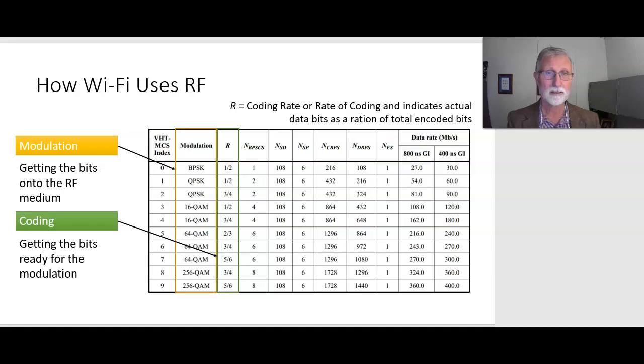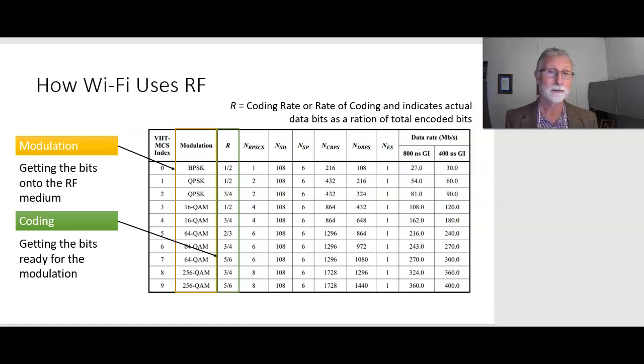Now, coding is used to get bits ready for modulation. It's like I'm taking the data and manipulating it in such a way that I can put it on the carrier wave. So coding is a way to encode data before it's modulated onto a carrier wave, making it then a signal.